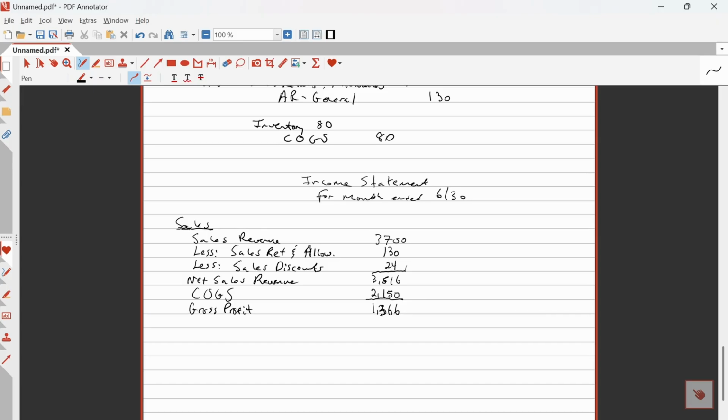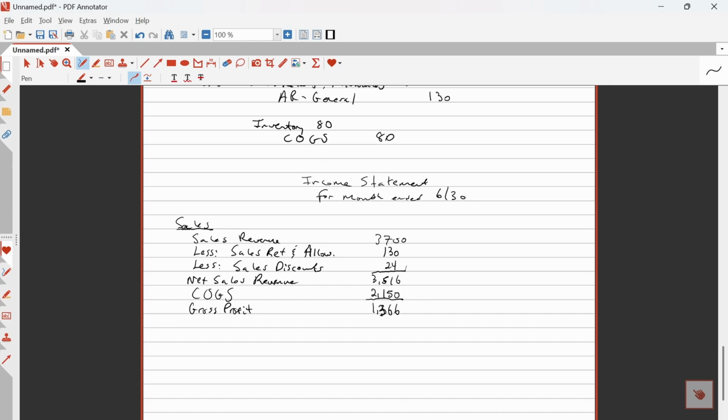And then from that, we would subtract all of our other operating expenses to get our operating income. And then from our operating income, our net income from operations, we would add any other revenues or gains, subtract any other expenses or losses that are non-operating to get net income, which in this problem, there aren't anything else. That is the net income, right? Does that make sense?